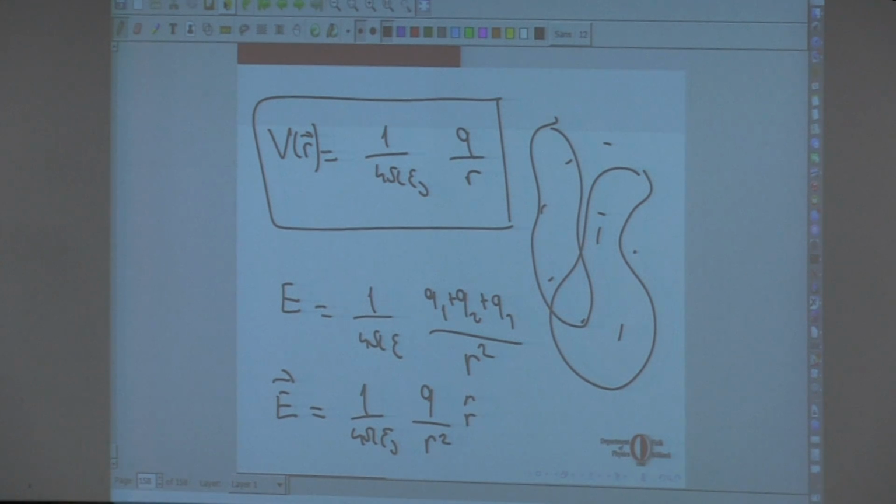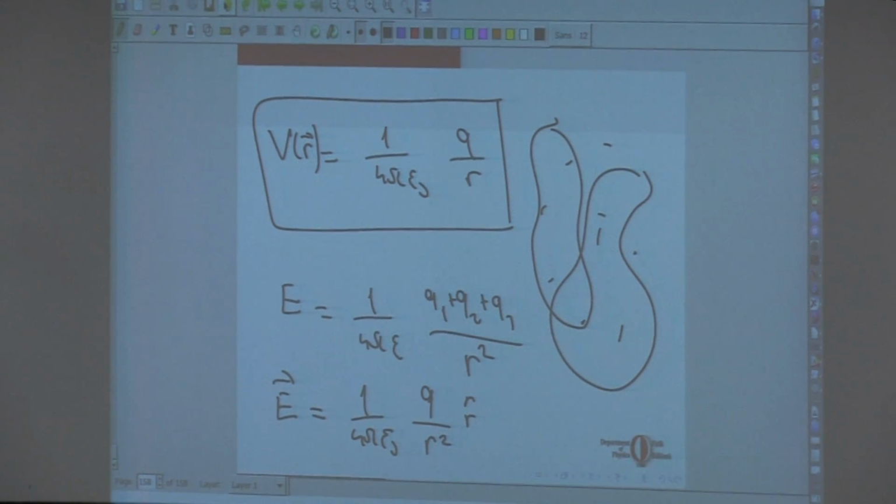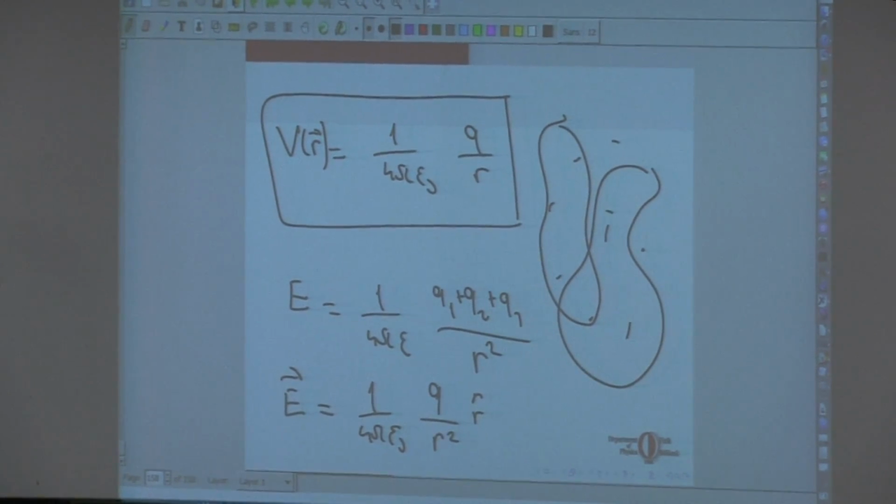If you have more than one charge, we have seen the superposition principle. Let's say I have one charge here, another charge right here, and I'm looking at the electric field at this point. Both of these will create an electric field. This one will create an electric field whose magnitude is 1 over 4 pi epsilon 0 q1 over this distance squared, not r squared, whatever this distance is. You can use other symbols depending on your problem; you will have to use other symbols to distinguish this distance from this distance, since these two distances will be different.